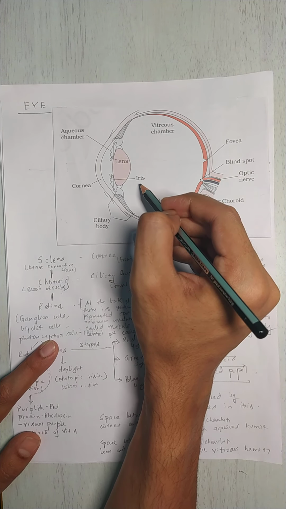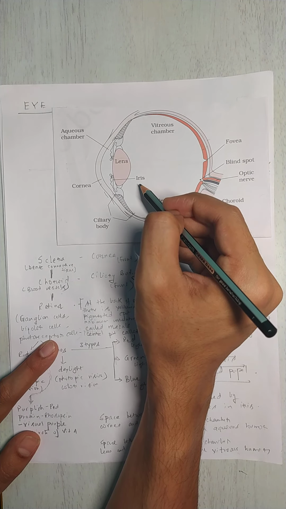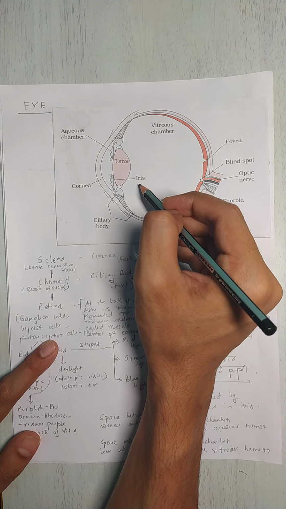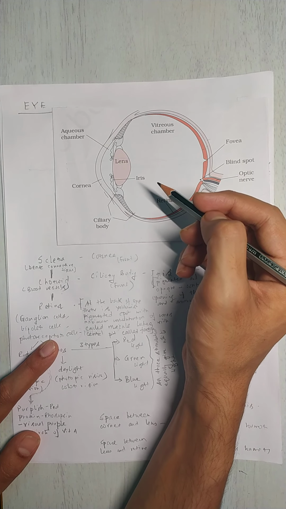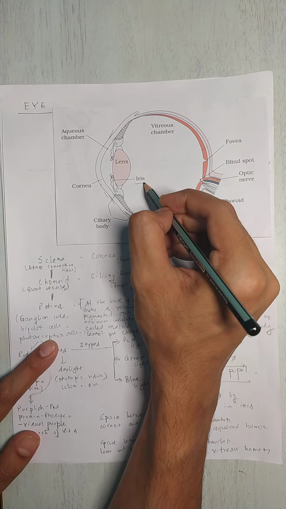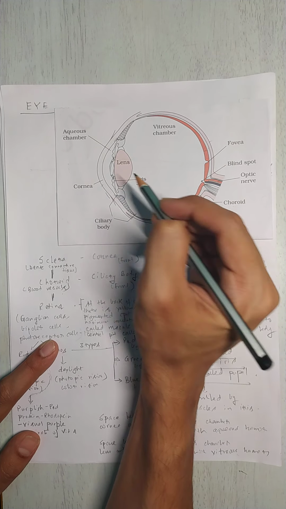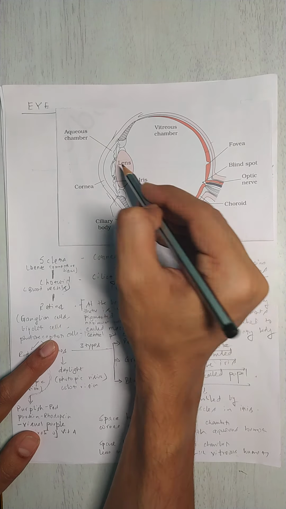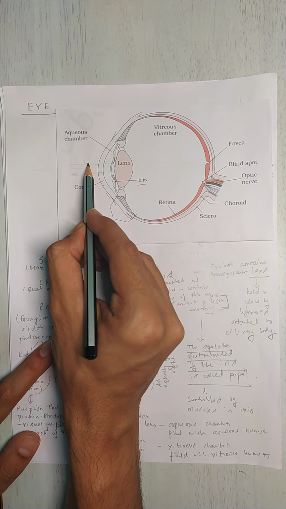So the iris is basically the pigmented part of the eye. If you look at somebody's eyes, some eyes are, let's say, brown in color, some may be green, some may be blue. So the colored part inside the white part of the eye that you see is basically the iris. And this particular opening is the diameter of the iris, and this controls the amount of light that is entering into your eyes.